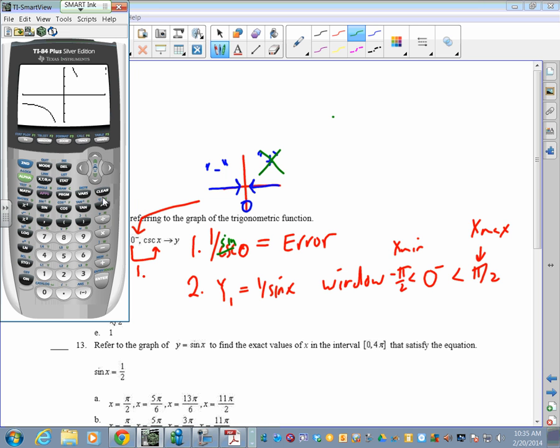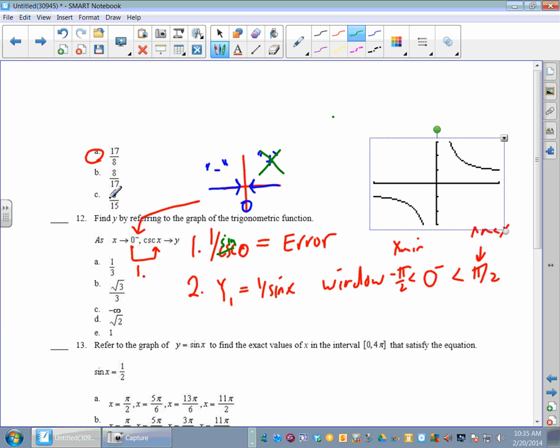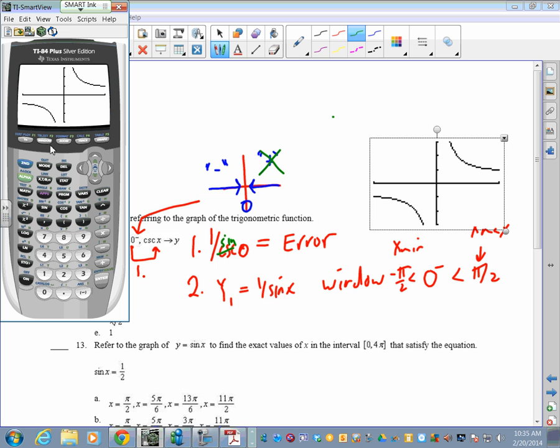Pi over 2. Are you in radians or degrees? Radians, check. Y equals 1 over sine of x. And then your window, negative pi over 2 to pi over 2.